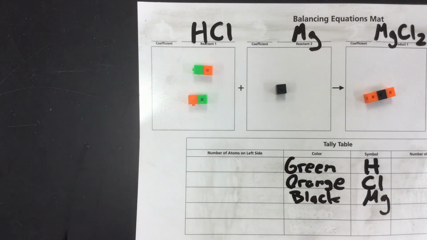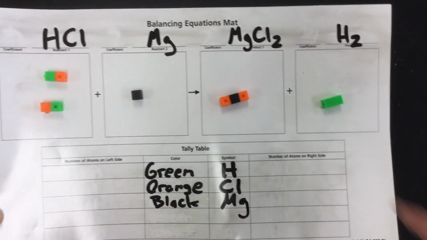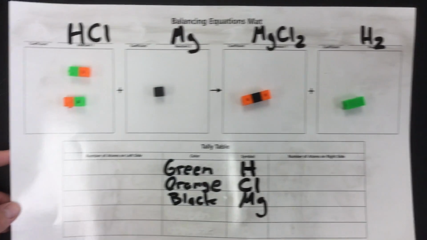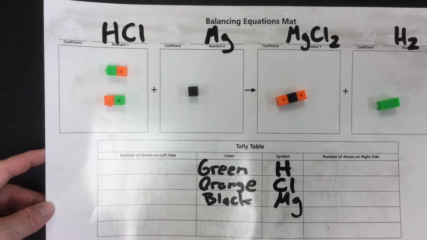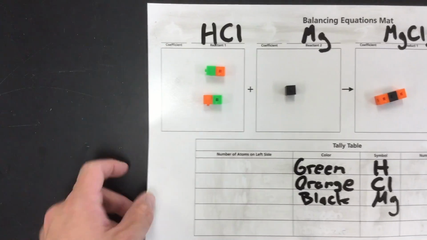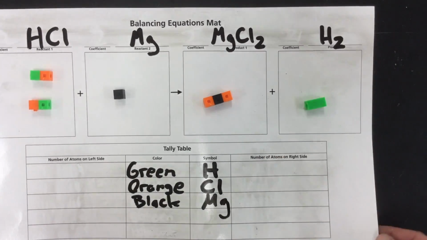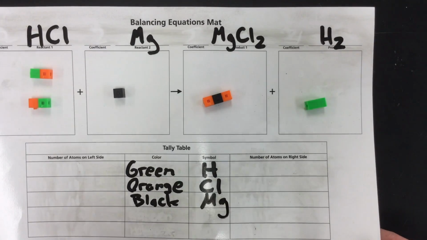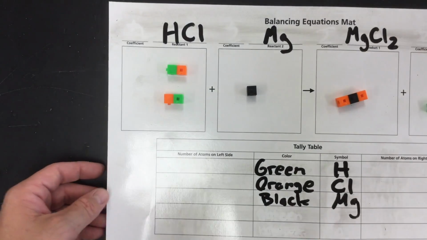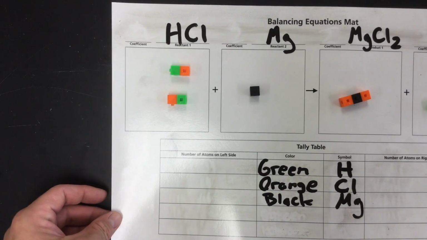That balances the chlorine, 2 on this side and 2 on this side. Now I need to balance hydrogen. Actually, we already have 2 hydrogens on this side and 2 hydrogens on this side. Magnesium hasn't been changed, so magnesium is good. So by adding 1 particle of hydrochloric acid, we balance the equation.